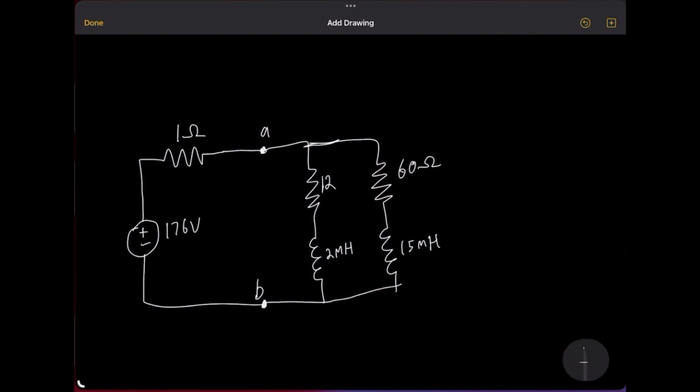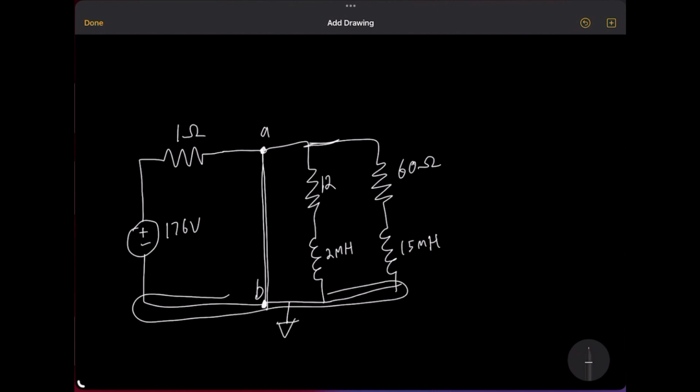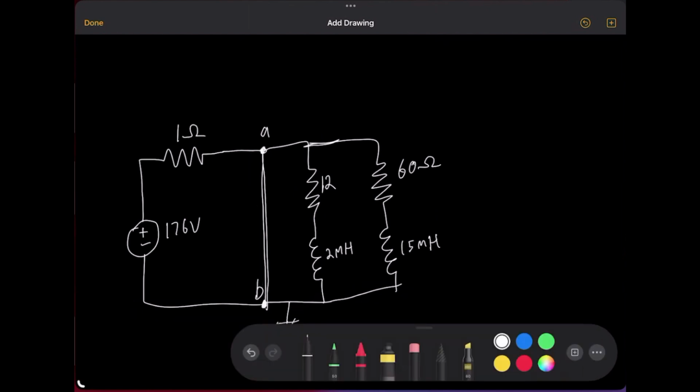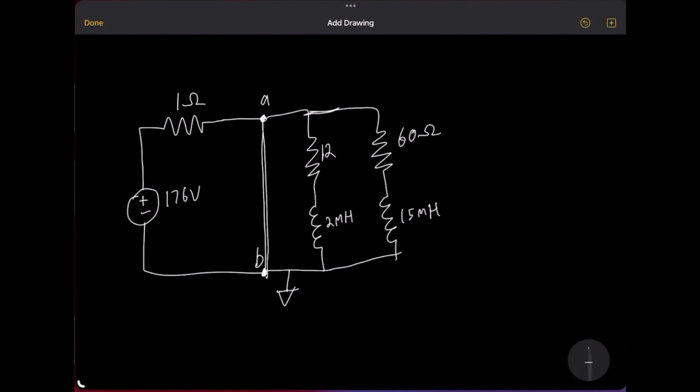So when it's short-circuited, right, this voltage source that's applying it is only going to travel from here to here to here. It's going to stay in here because if you were to connect this bottom to ground, this whole part is going to be ground, and this is all going to be ground.